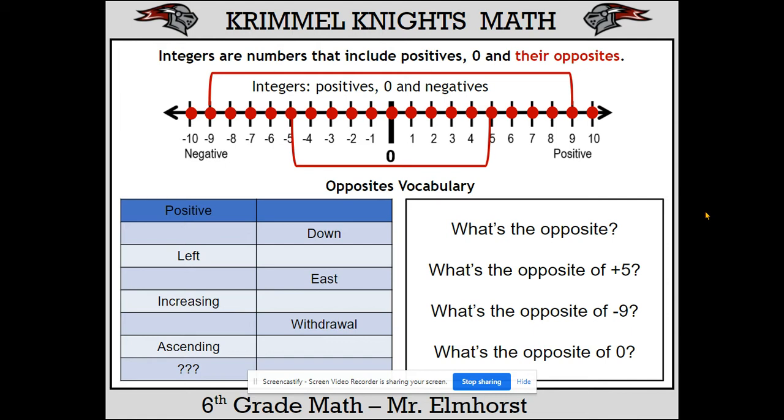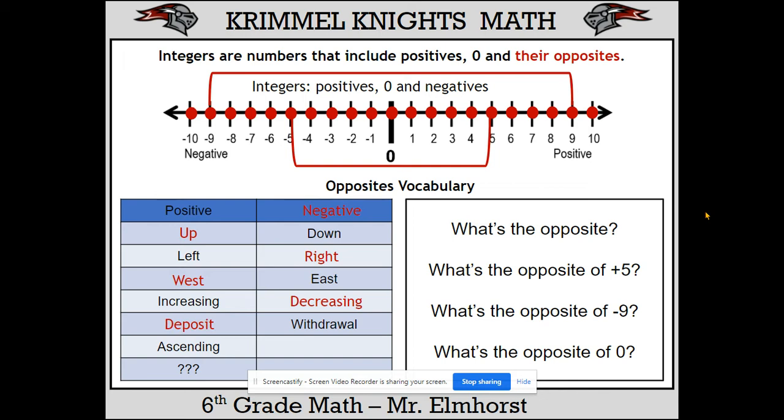As far as vocabulary, the opposite of positive would be negative. The opposite of negative would be positive. The opposite of down would be up, and the opposite of up would be down. The opposite of left is right. They go together. The opposite of east is west. Increasing and decreasing, withdrawal and deposit, ascending.